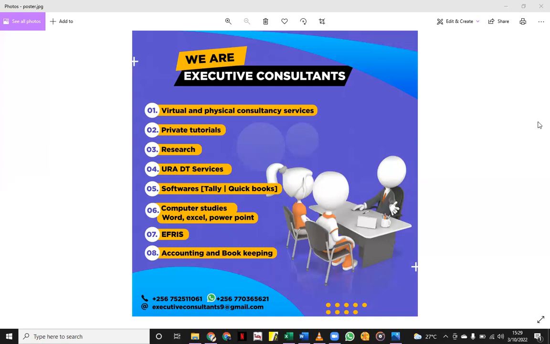The workings still remain the same, looking at the assets and liabilities on a line-by-line basis. The only thing is that we do not include the assets and the liabilities of the associate. Why? Because we have only influence.